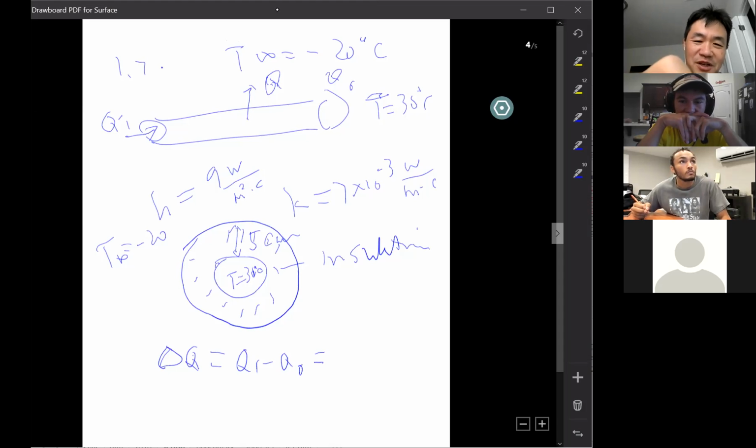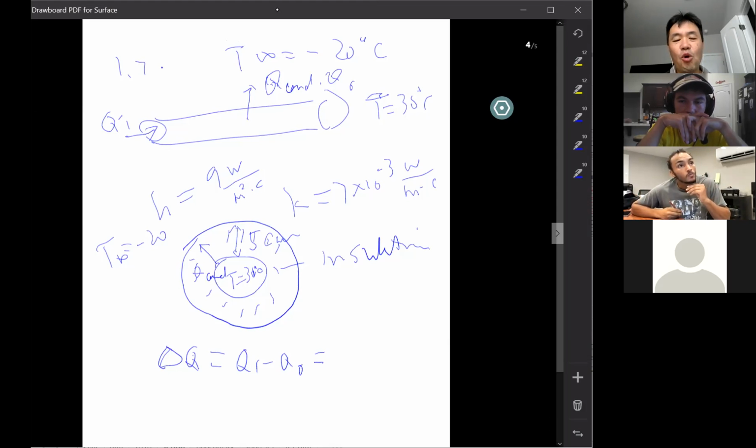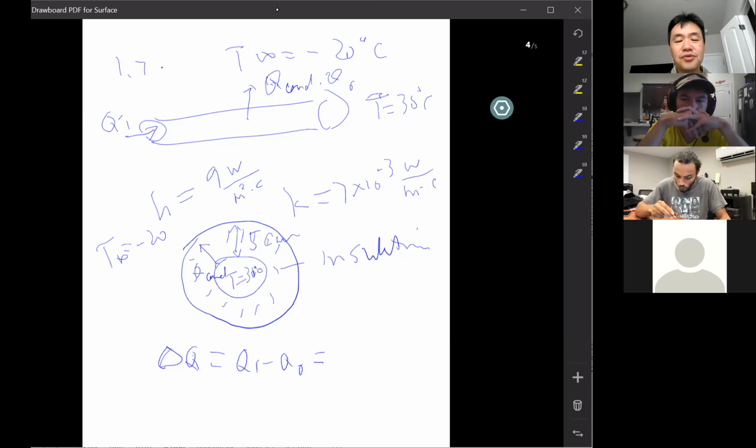Let's say Q conduction here. From the hot oil at 30 degrees Celsius, the heat transfer goes out through the insulation part first. That's conduction first. It isn't directly in contact with air.